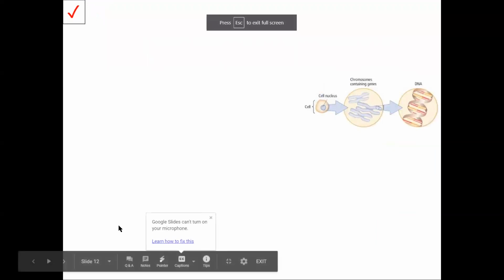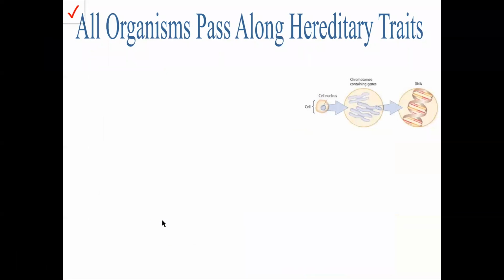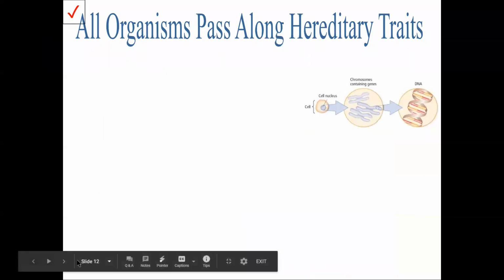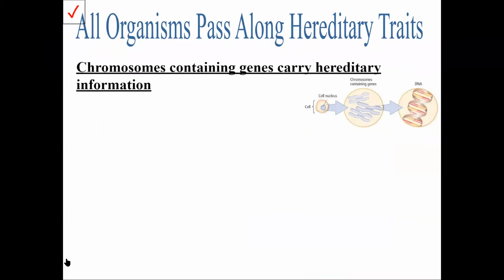The next thing is heredity. Heredity is based off of DNA, and all organisms will pass on their traits. Chromosomes will contain genes that carry hereditary information. What this means is that your genes are things that code for traits.